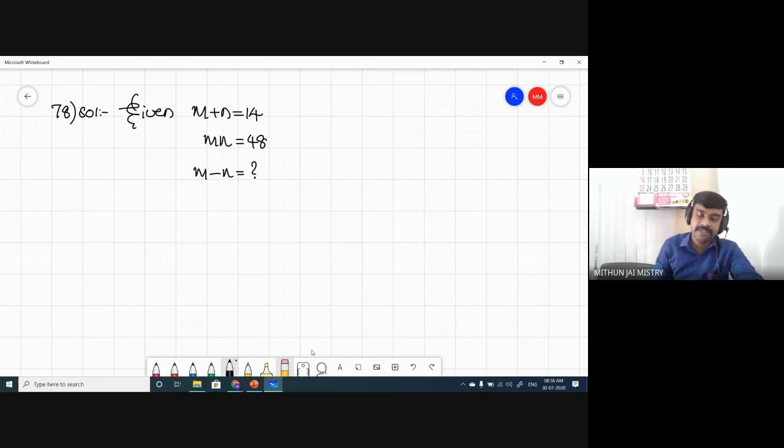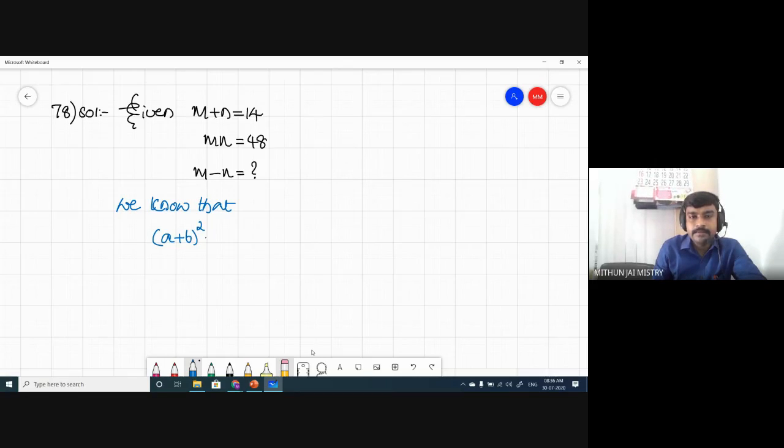This is the question, children. So we know some formula. What is that formula? We know that a plus b whole square minus a minus b whole square is equal to 4ab.